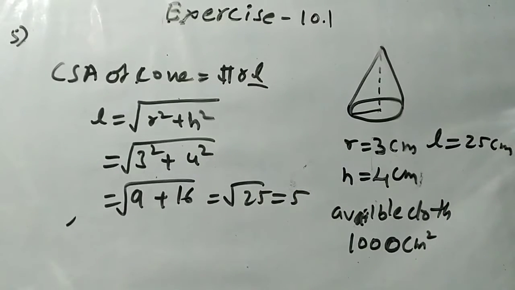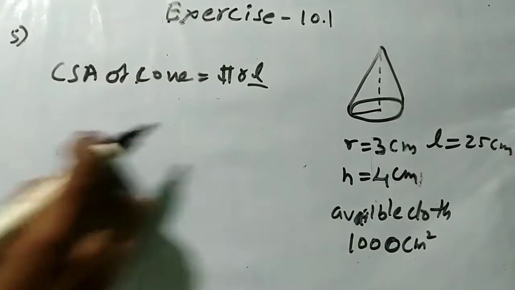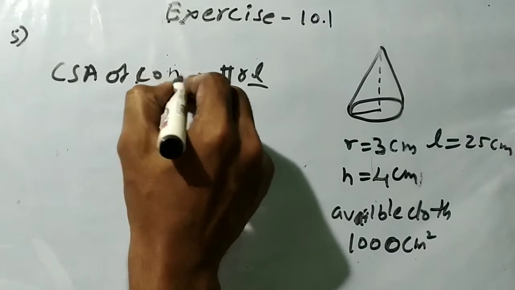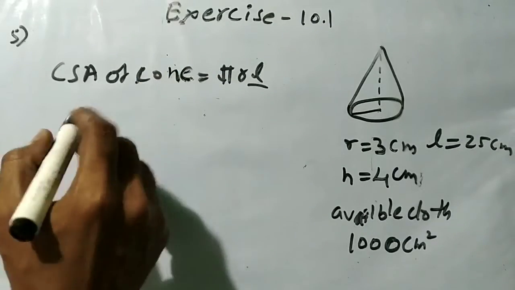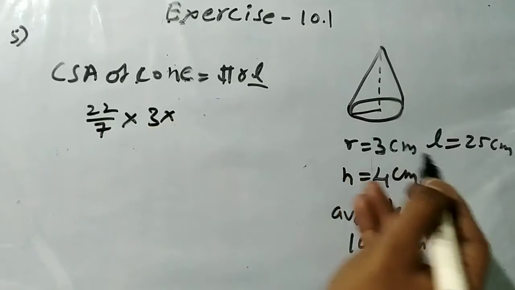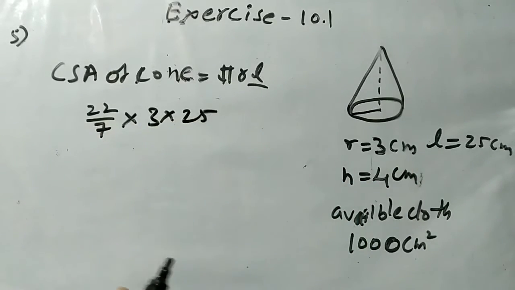So we got the L value, and we have to find the curved surface area of the cone. So pi, that is 22 by 7 into R is equal to 3 into L is equal to 5. I did a mistake earlier, L is equal to 5 here. So there is no cancellation.